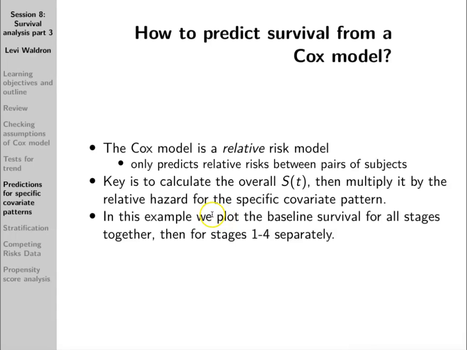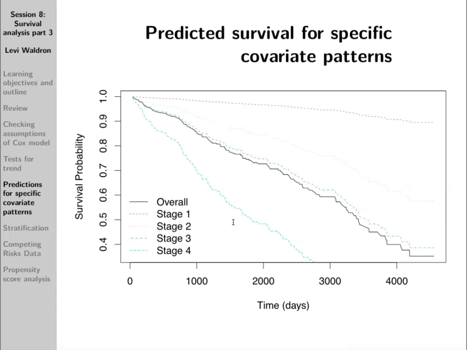So in this example plot, I'm going to plot the overall baseline survival for all stages, and then for stages 1 to 4 separately. So here, this black line, this is the Kaplan-Meier estimator. So this is calculated directly from the data, that survival function S of t.